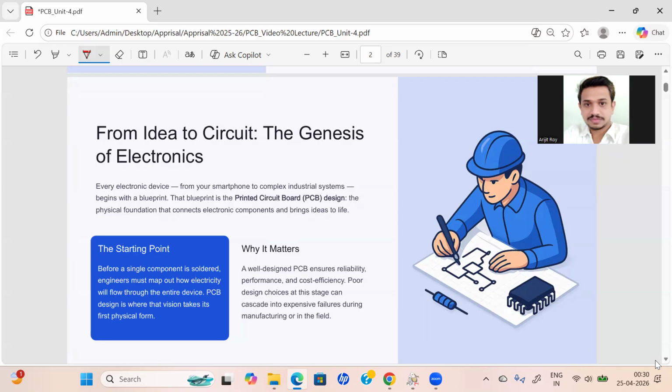After that, we have to simulate and validate this circuit through simulation. Then the blueprint becomes the printed circuit board design, and the physical design is called the PCB board.